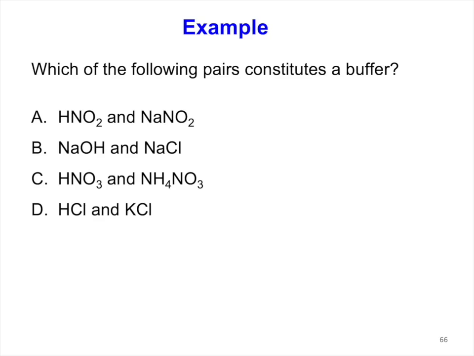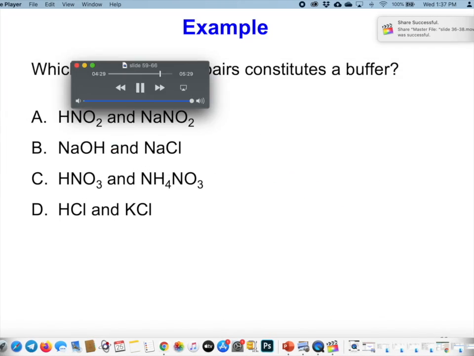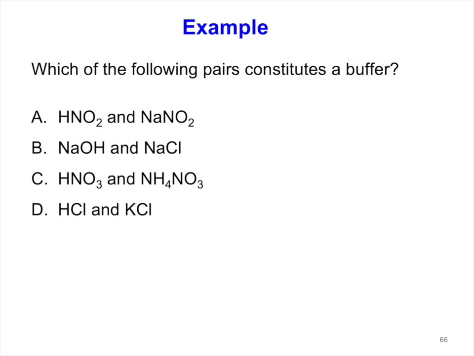D is the combination of HCl and KCl. Please keep in mind that a buffer solution contains a weak acid and its salt, or a weak base and its salt. So the answer here is only A.